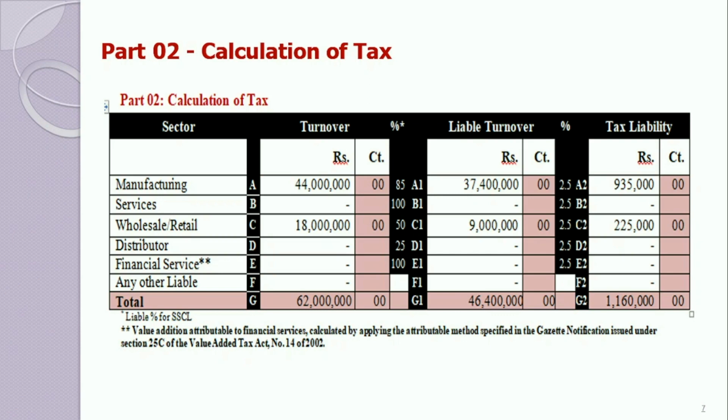Under the turnover column, you are required to declare the total turnover for that relevant quarter under each sector. Then you are required to calculate the liable turnover as stipulated in Schedule 2 of the Social Security Contribution Levy Act.